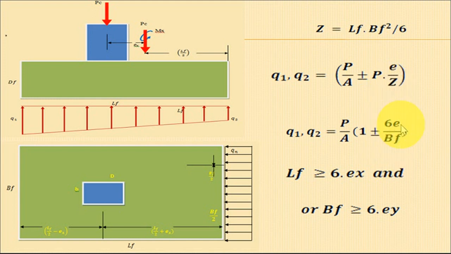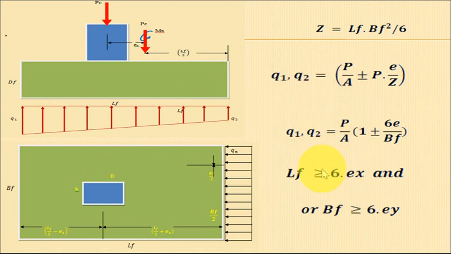So we get the upward pressure at one phase and second phase, maximum and minimum. This value should not exceed the safe bearing capacity, and this value should not be negative.